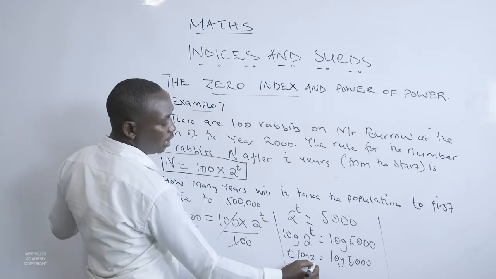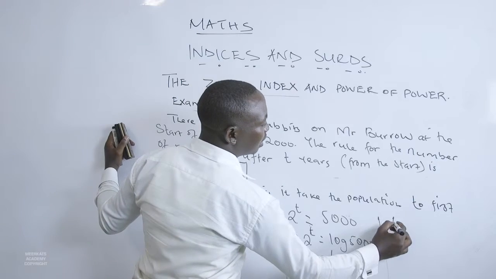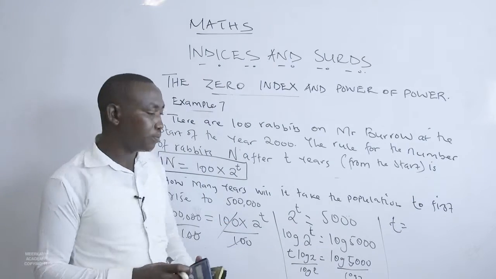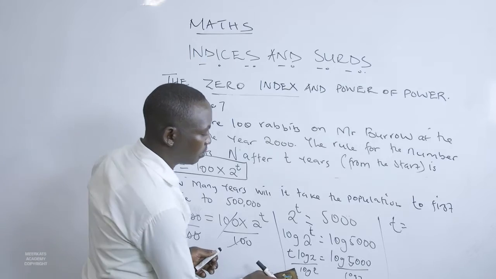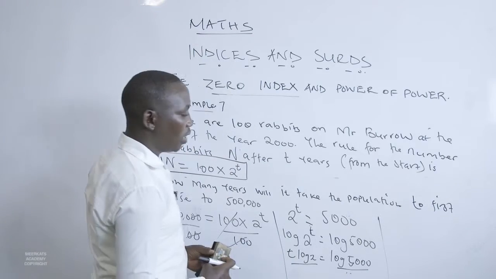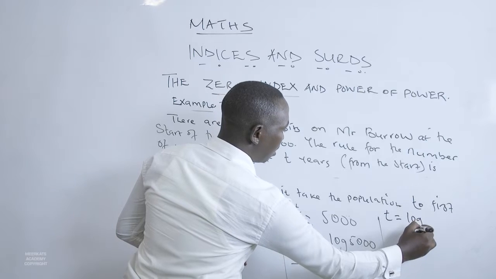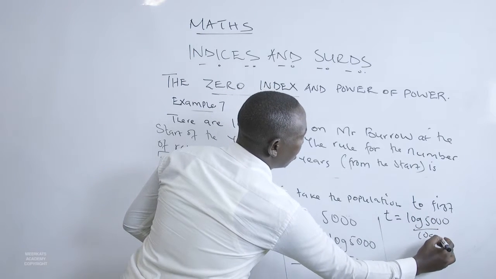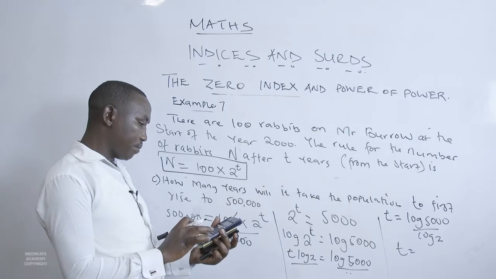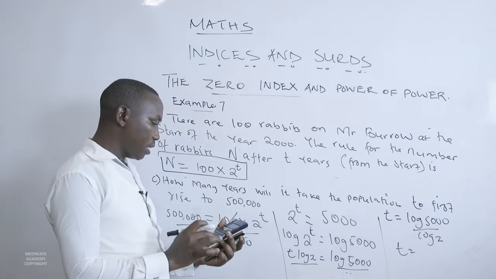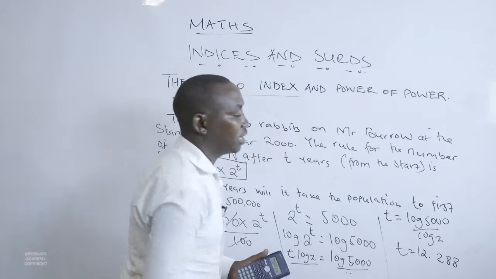So when you want to get the value of t, we'll have to divide both sides by log 2, and therefore t will be equal to the log of 5,000 all over the log of 2, which will give us t to be 12.288.